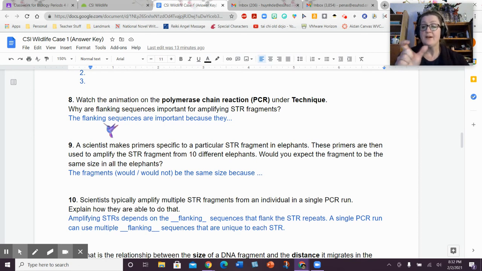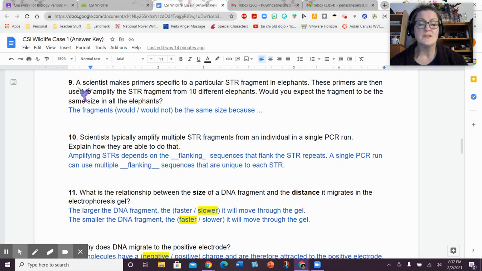So it's amplifying those repetitive sequences, and it's very easy for us to visualize different alleles across different elephants. But it's those flanking sequences that allow us to make multiple copies of just that DNA that's in between them.